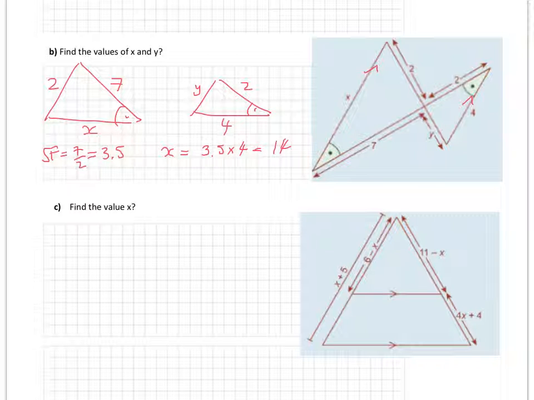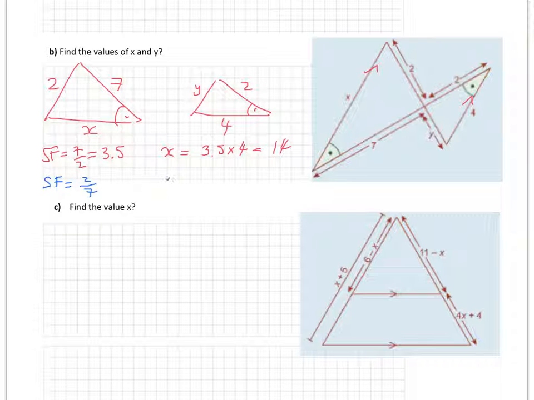In terms of y, we're actually going in the opposite direction. We want to know from this shorter triangle, we know its corresponding side is 2, and we've got a scale factor that goes from 7 down to 2. In the exact same way, let's do it in a different colour. My scale factor for this one is 2 divided by 7.